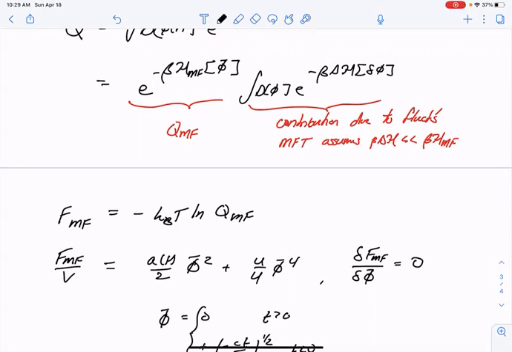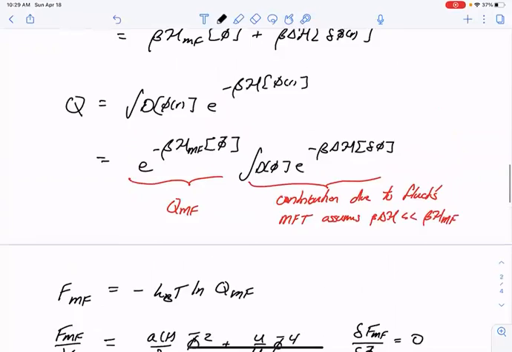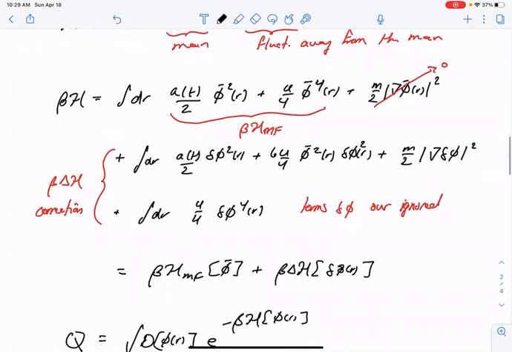So let's now ask about the fluctuations around the mean field, or specifically, acknowledge the fact that what we're missing are spatial variations of the field away from this average value, which contribute most significantly to the partition function, and therefore the free energy. So we know what the explicit terms are. They're all of these terms.